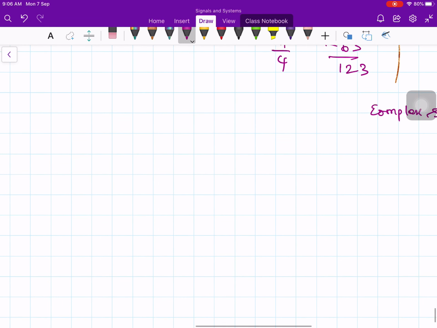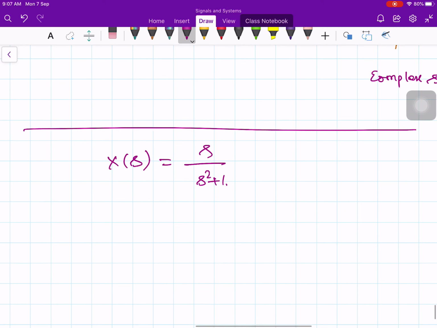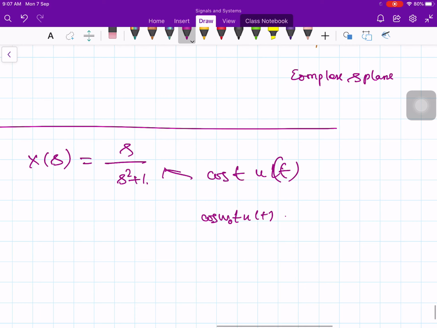Now another example, let me consider s divided by s square plus 1. This is nothing but cos of t times u of t. If you look at cos omega naught t u of t, its Laplace transform is s divided by s squared plus omega naught squared.